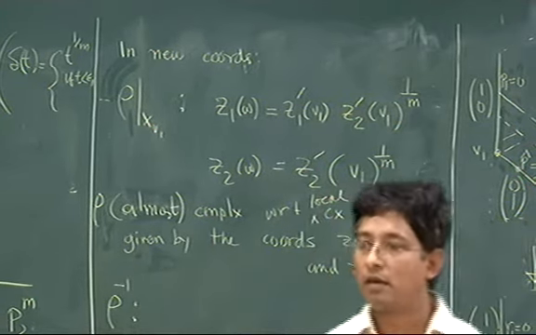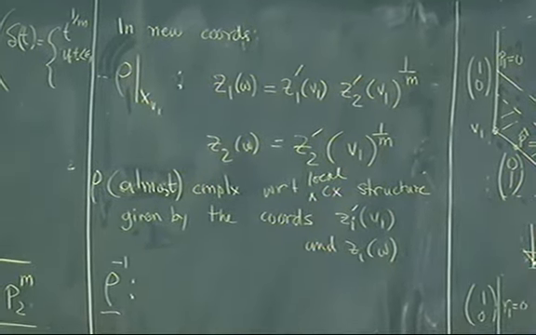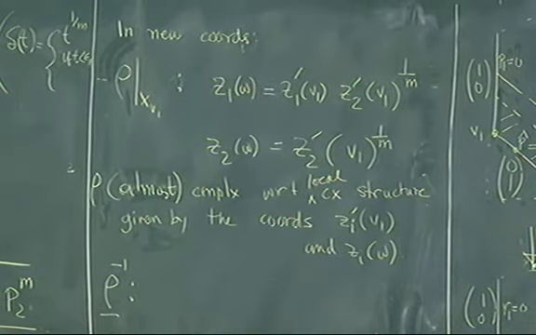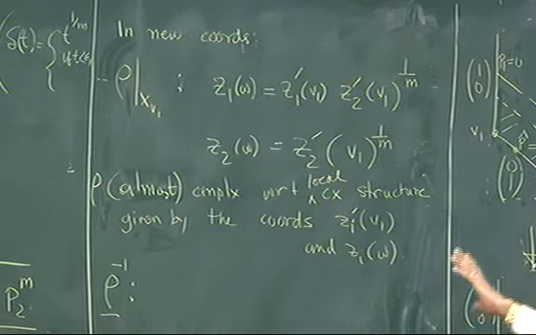Excuse me. What you are doing now is you are describing this blowdown map. Yeah. So first of all, I'm describing the blowdown explicitly. I'm giving an almost complex model for it. For what?